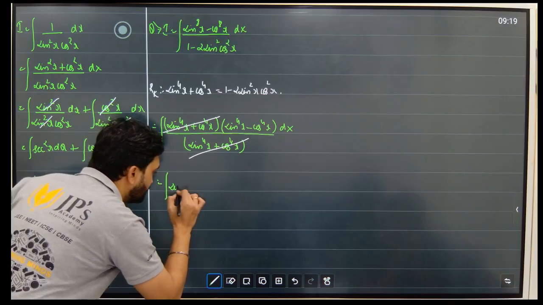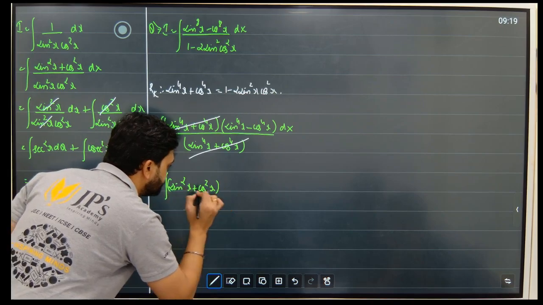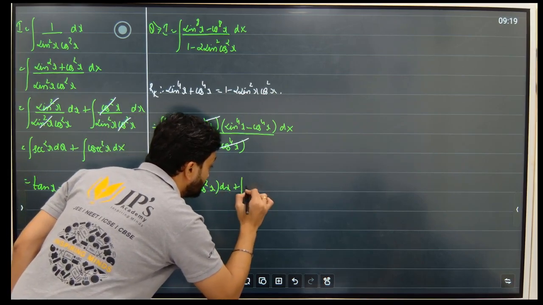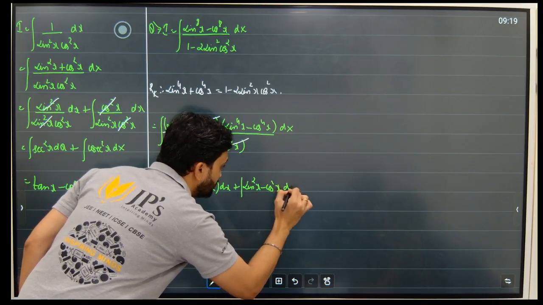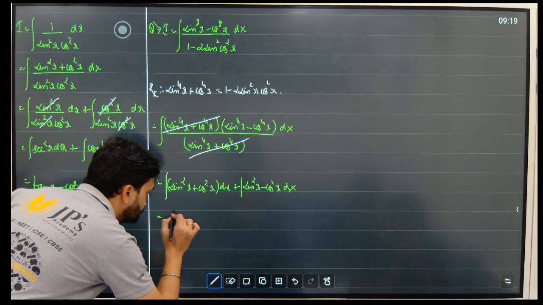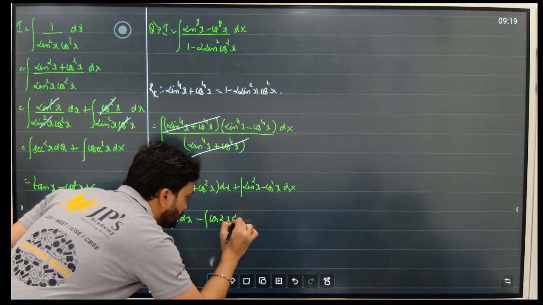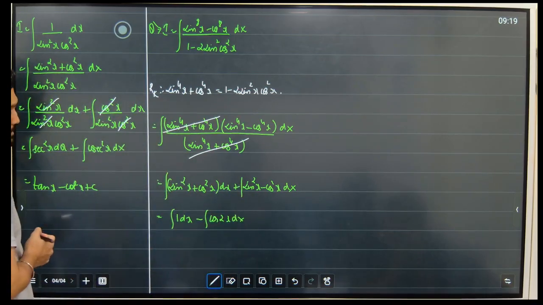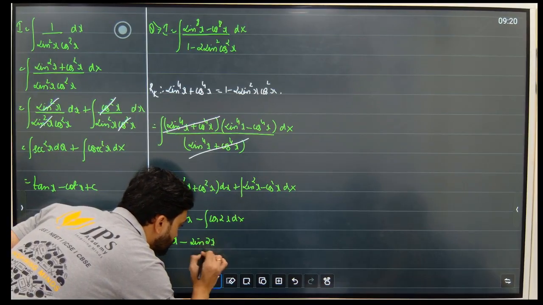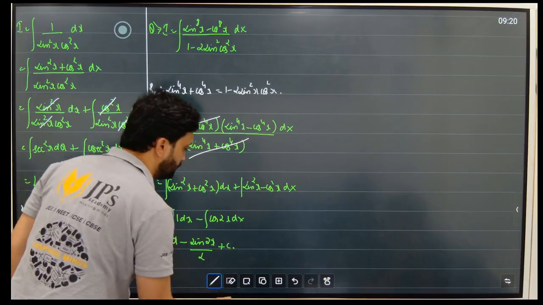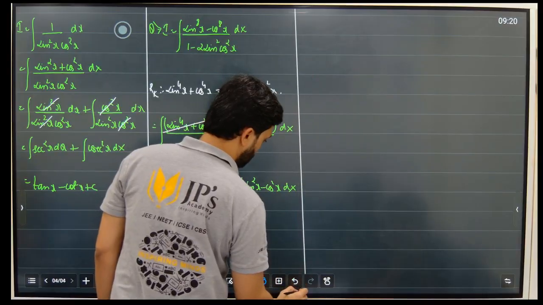Again I can write it as sin square x plus cos square x dx times sin square x minus cos square x. What is the formula for sin square x minus cos square x? It will become minus cos 2x, I just took minus outside. So my answer will become x minus sin 2x by 2 plus c.